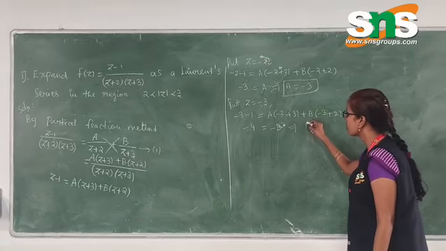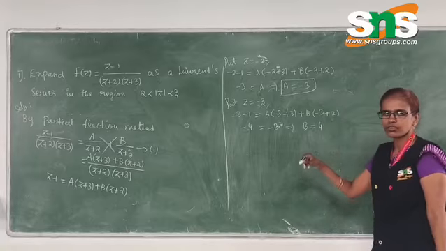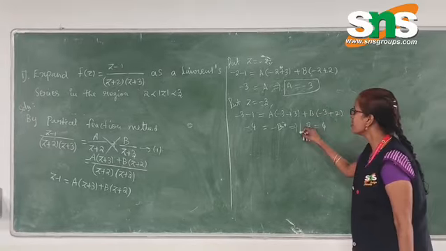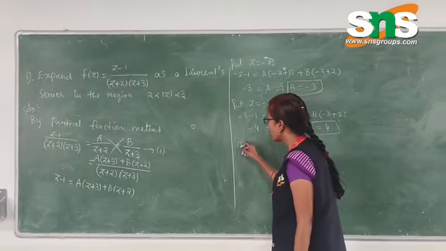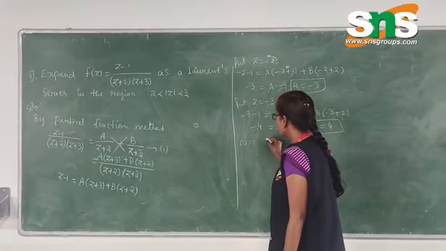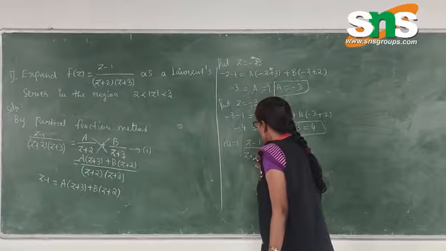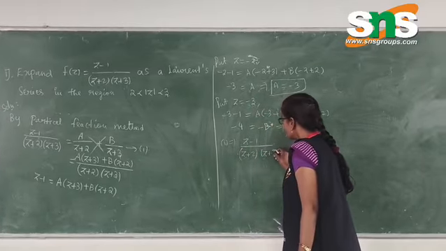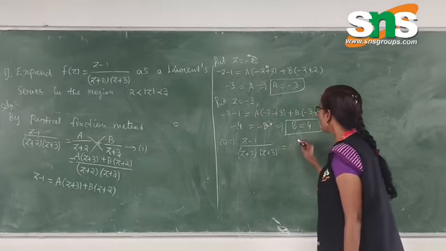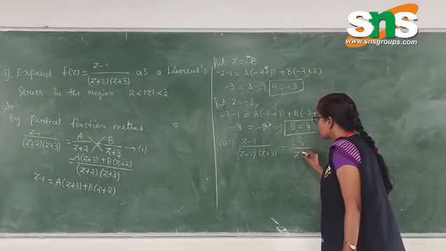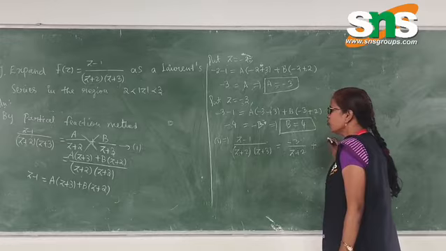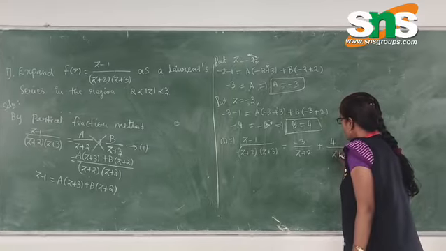So b is 4. Now we have a and b. Substitute in equation number 1: (z minus 1) by (z plus 2) into (z plus 3) equals minus 3 by (z plus 2) plus 4 by (z plus 3).